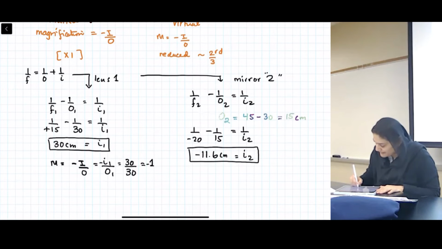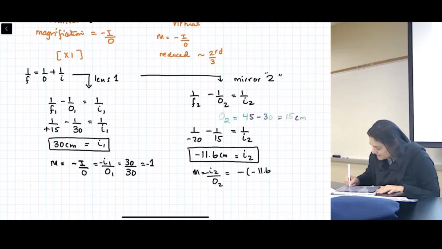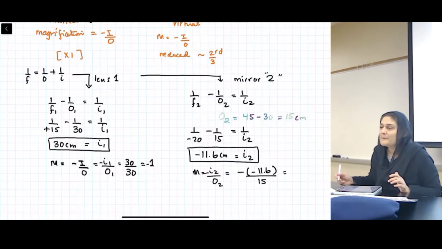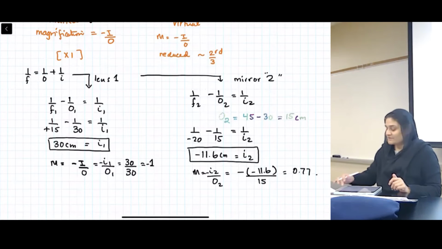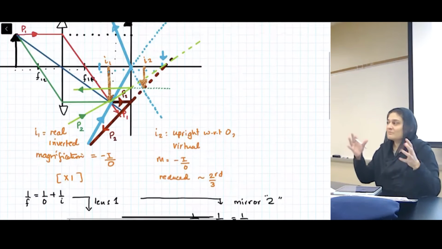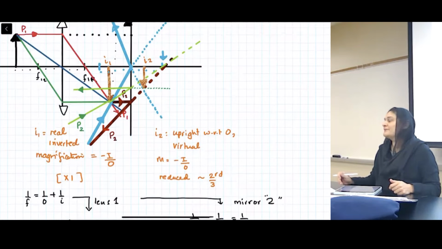And then what will be the magnification? I2 over O2 with a negative sign. So it'll be minus 11.6 divided by object 2, which was 15. 0.77. So we said 0.66, ballpark. You were kind of right.